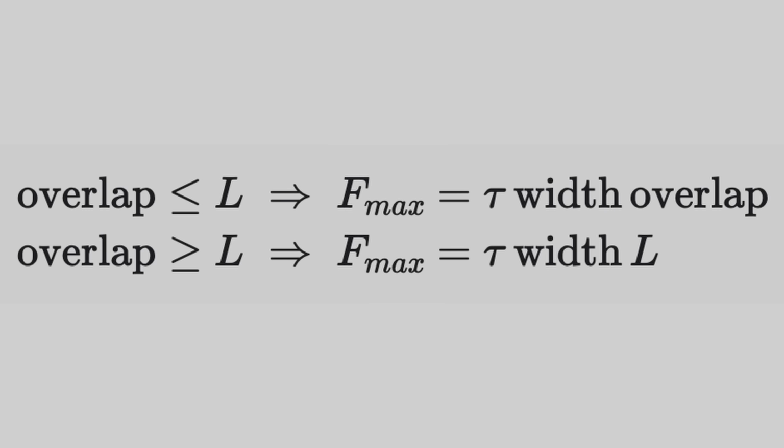Another way to express this mathematically is if your overlap is less than L, then the force is equal to tau, the holding power per square inch, times width, times overlap in inches. Whereas if overlap is greater than L, then F max is equal to tau times width times L. And L is going to be a constant.